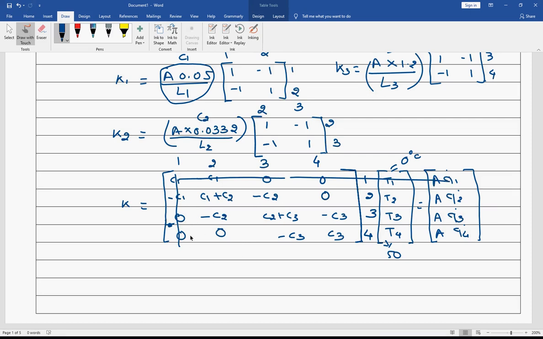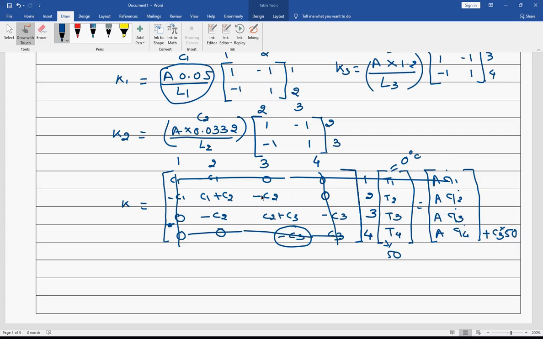Now here in this case, when I want to eliminate this, this minus C3 into 50, this factor will go on right hand side. So plus C3 into 50. So this factor will go on right hand side because this is not 0.